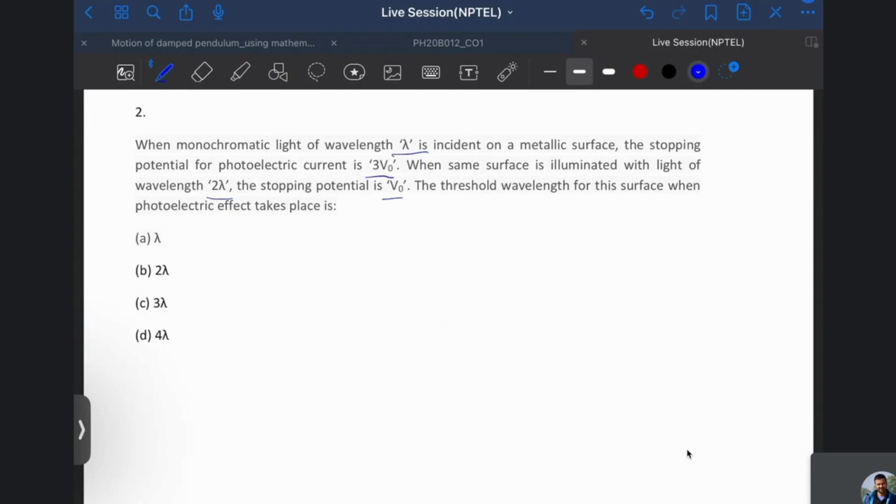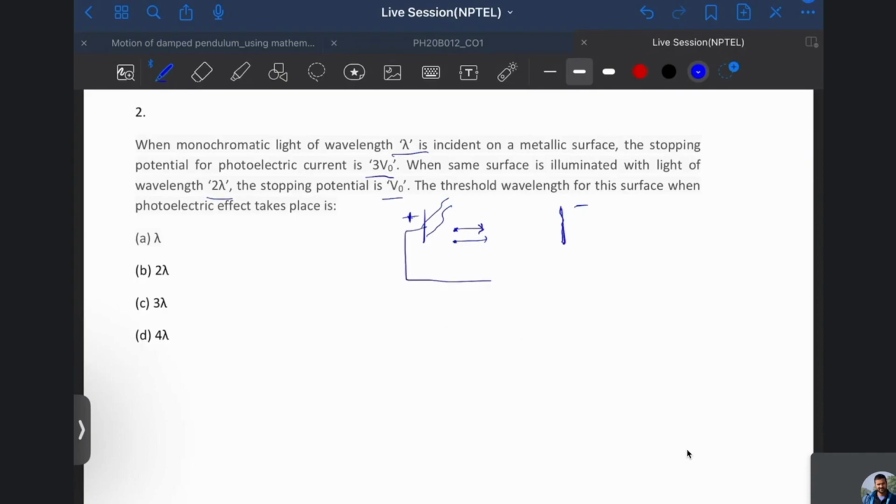Now, as I told you when I was discussing photoelectric effect, the electron which comes out of the metal has to reach the cathode here, okay, and it will depend on whether it has enough kinetic energy to reach the cathode, because electrons are negatively charged and this cathode is also negatively charged, so there will be a repulsion, right?